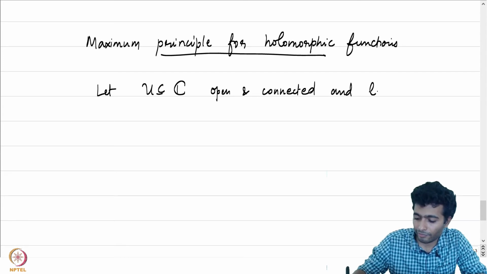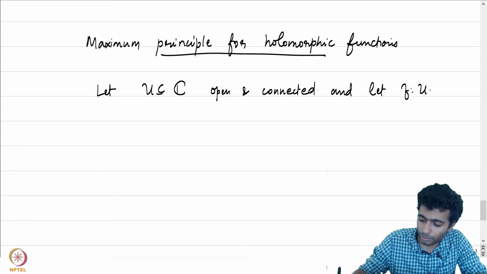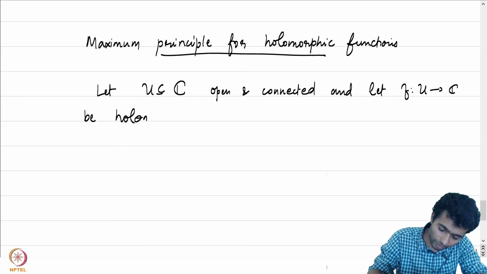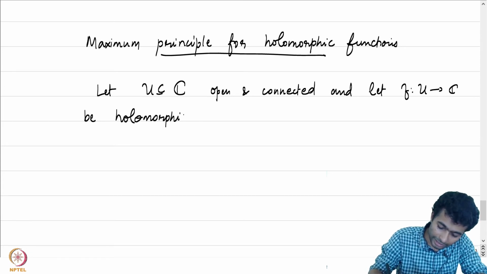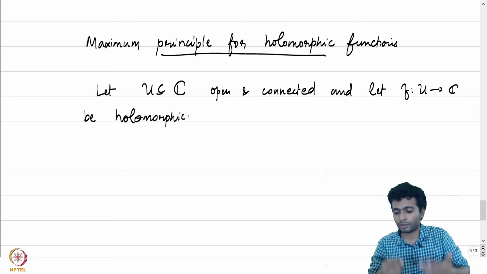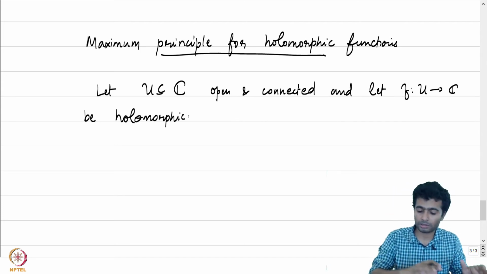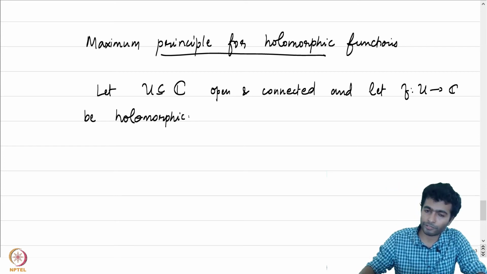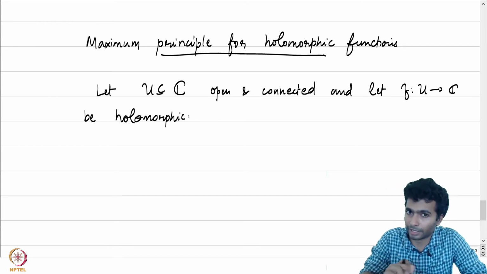And let f from U to C be holomorphic. So as I had noted earlier, in this lecture, when I say holomorphic, I do mean that it is twice continuously differentiable, but we will prove later that holomorphic functions always satisfy that particular condition.